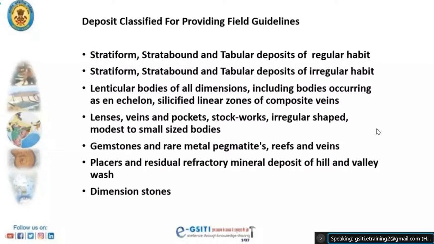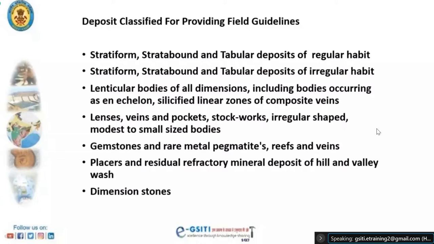See, this is dependent on the stratiform, strata bound, and tabular kind of deposit, and that could be regular or irregular, because most of the deposits are of different dimensions. In the case of gold, most of the deposits here are associated with quartz carbonate veins, or they are lenticular bodies.